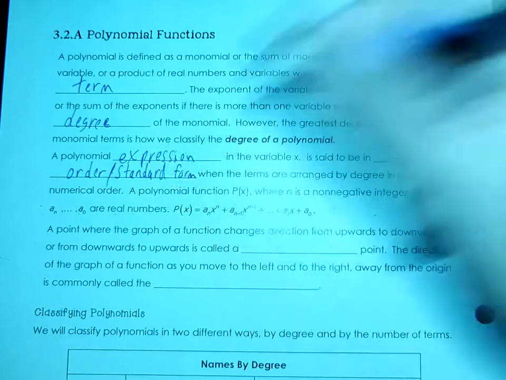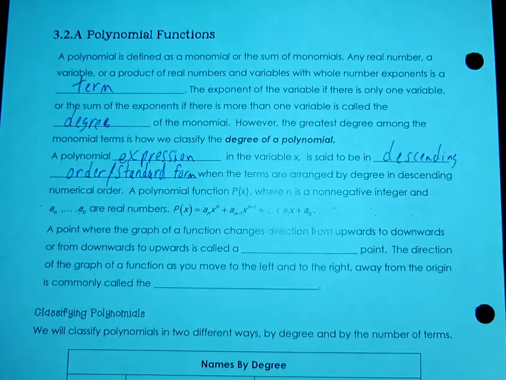Descending order or standard form is when the terms are arranged by degree in descending numerical order, from highest to lowest.